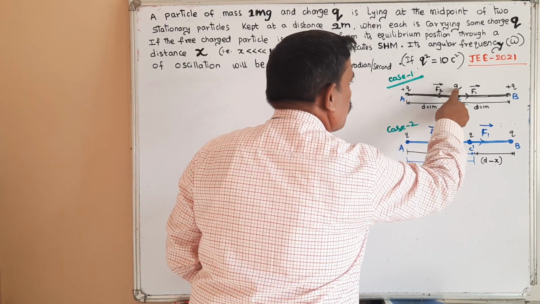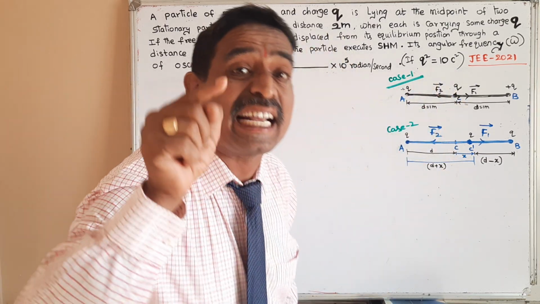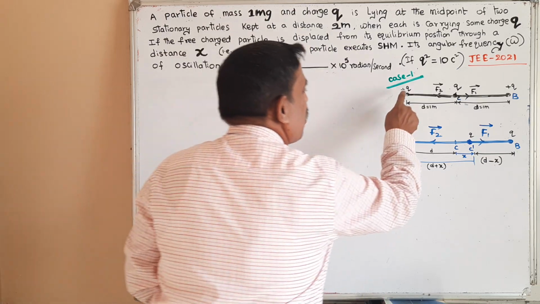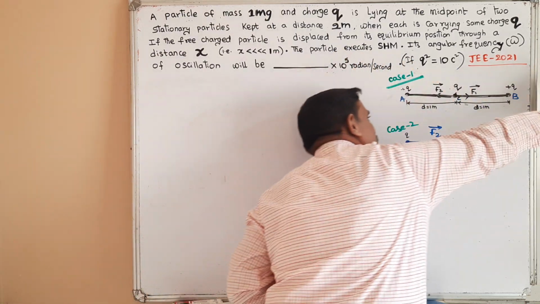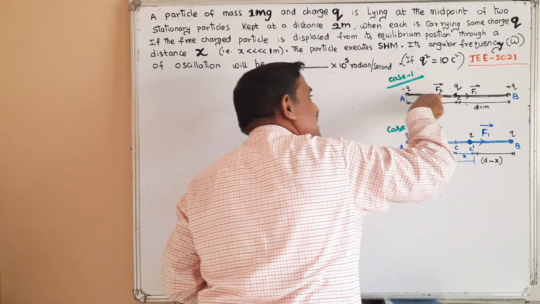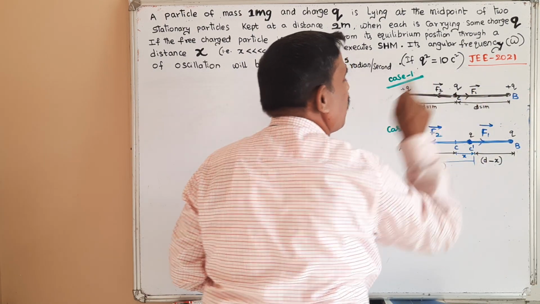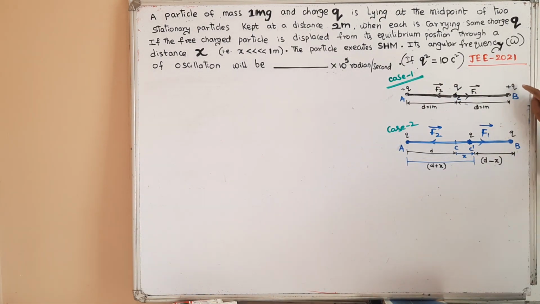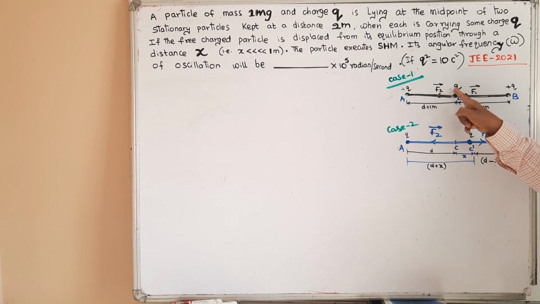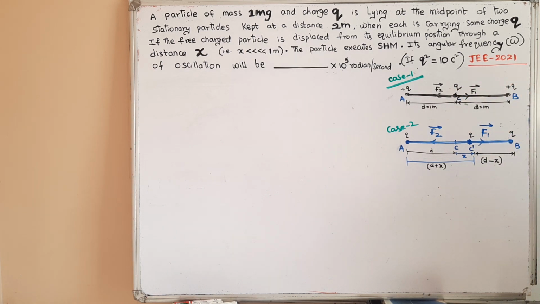In between these two positive charges, there exists a repulsive force. The first charge applies a repulsive force along the AC direction, that is F1. Now this is the charge Q, both are positive, like charges repel each other.